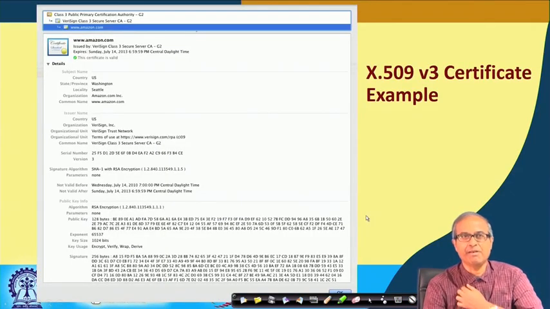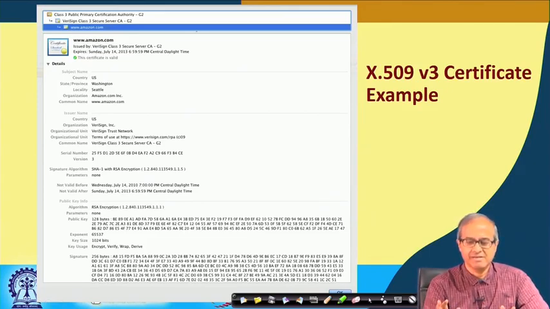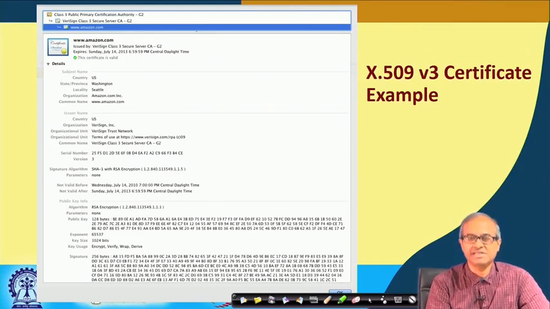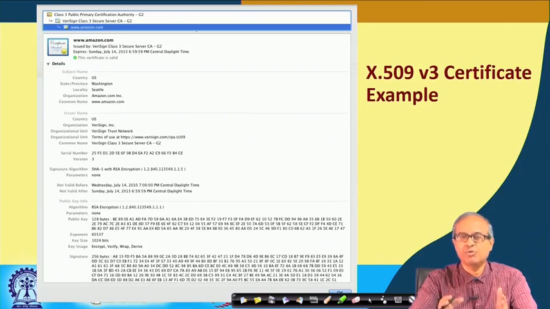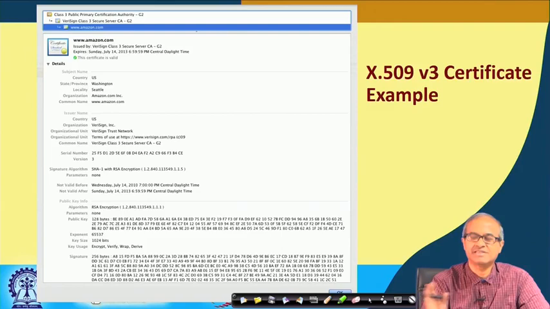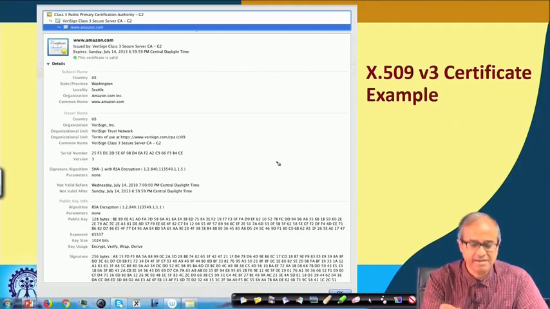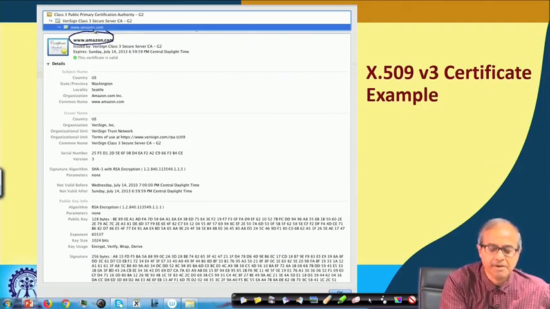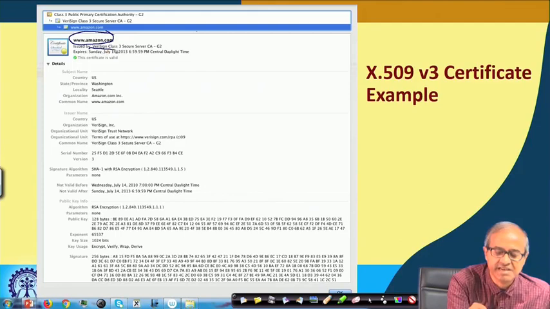Let us take a sample certificate example. Of course, the font size is too small, you possibly will not be able to read it, but you can download such things from the internet and see for yourself. If you search with digital certificate example, you will get many such documents. Now, let me tell you what I can see here. First, this is a certificate of Amazon.com, issued by VeriSign.